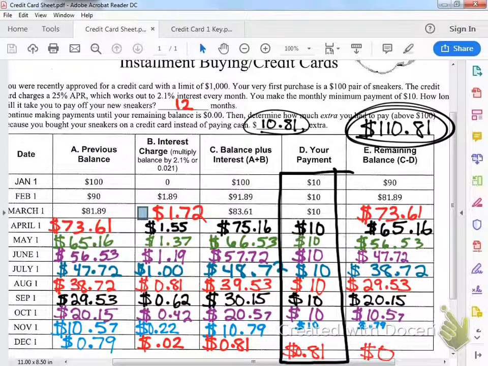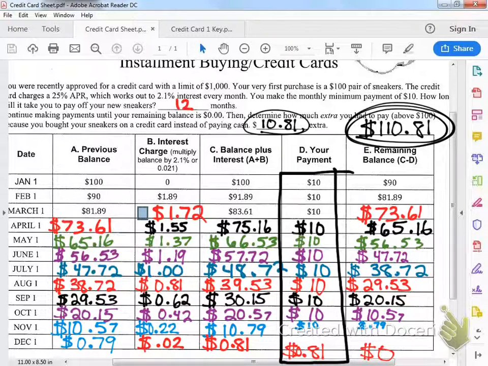Now, again, that doesn't actually seem too shocking. I don't think that's terrible. The problem is that most people don't just charge one pair of sneakers, pay it off every month, and then be done with it. They're continuing to charge and charge and charge. So if you only spend $100 and this was your scenario, you would be just spending $10.81 extra on interest payments.